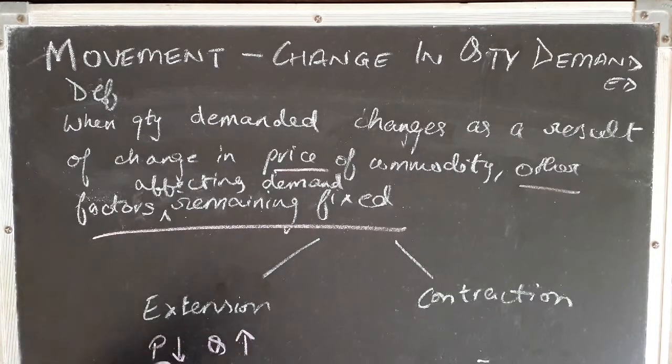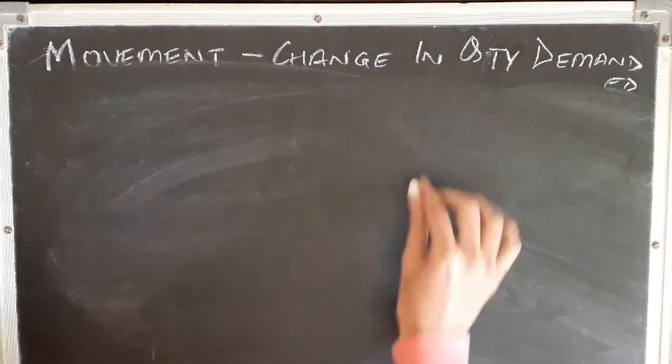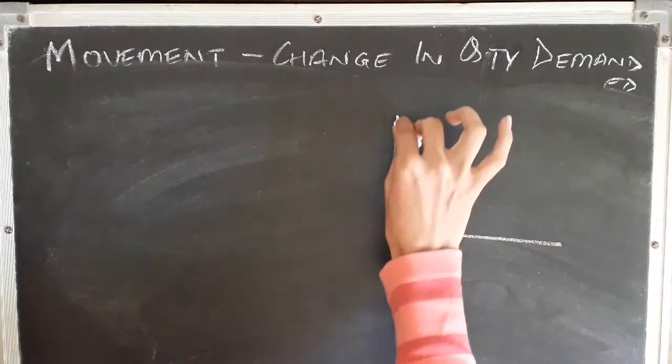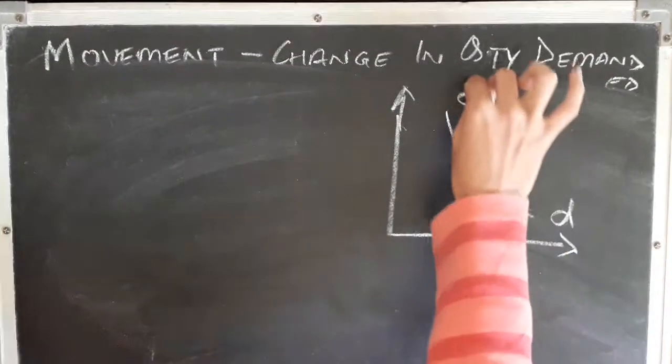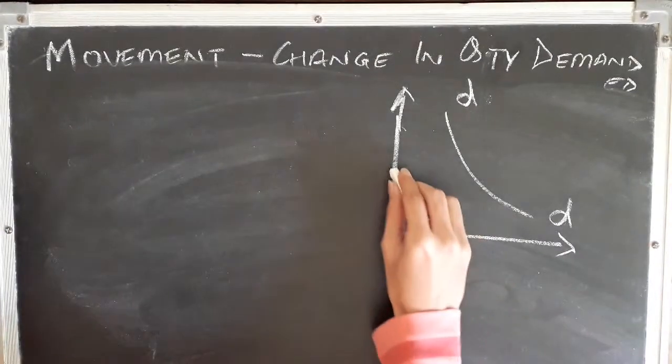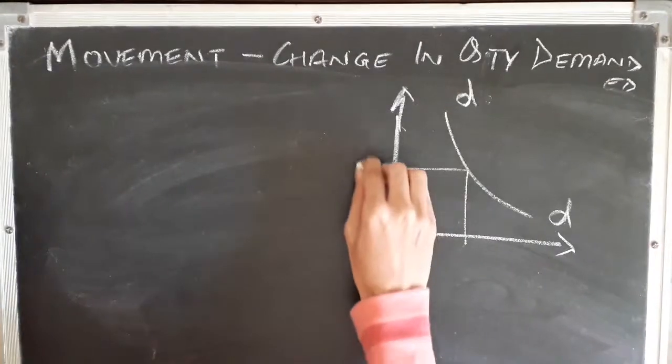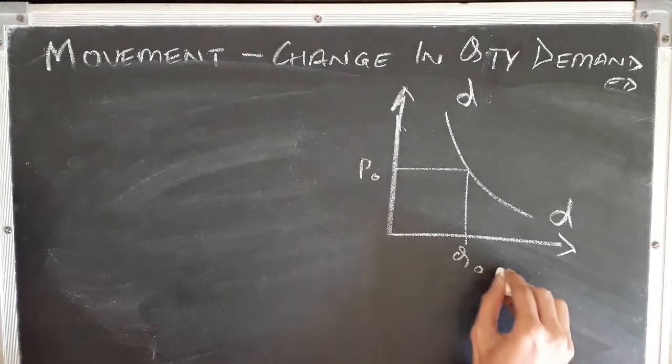Now, what do we mean by contraction of demand? In this case, all other factors remaining constant, price of the commodity rises such that quantity demanded of the commodity falls. Now, we can explain this graphically. Let us draw an ordinary demand curve. Suppose this is the initial price and this is the initial quantity.